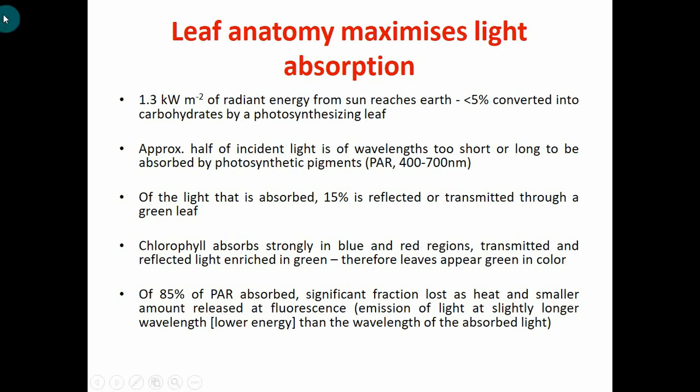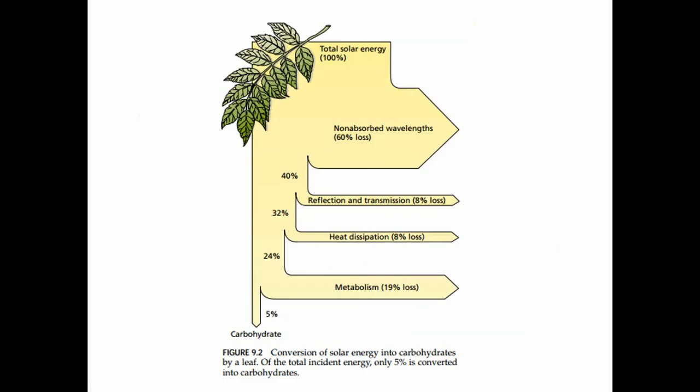And this is all to protect those valuable photosystems. So this is just a visual picture of what actually comes from the sun. Non-absorbed wavelengths, obviously those wavelengths that are UV and above, so only between 400 and 700, that's about 40% of that we get reflection and transmission and heat, and then metabolism, and then carbohydrates.